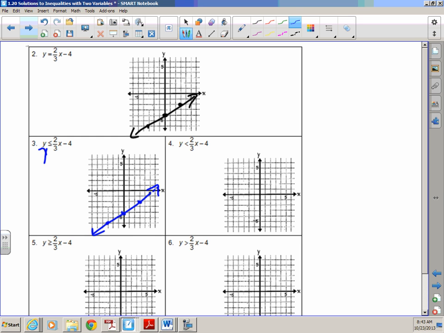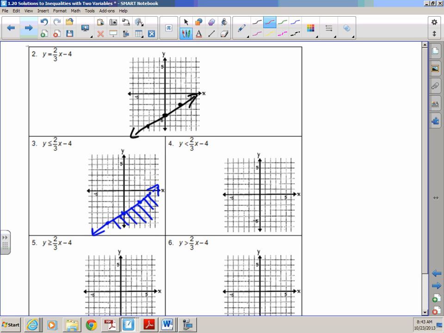But now it's a less than. Like the inequality we saw in the do now, less than, our solution set were points below this line. So we are going to shade in that area because those points below the line are part of the solution set.